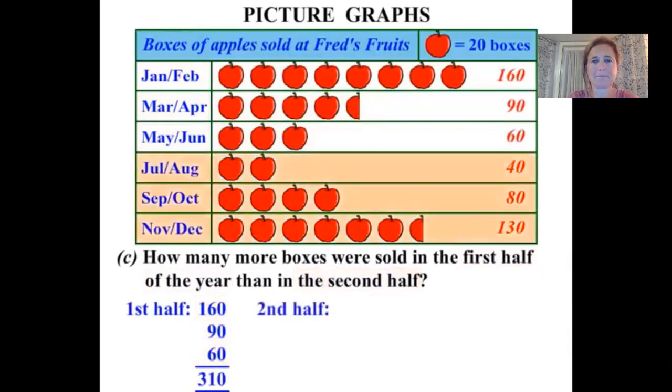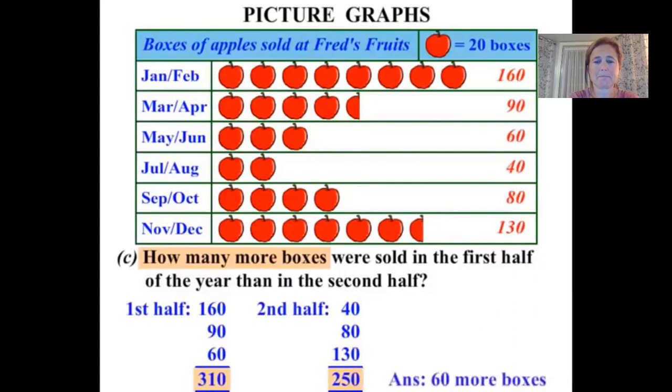The numbers required, 40, 80, and 130. Let's write them down, and we need to add them up. When you add them up, we get 250. So how many more boxes? Well, we're comparing 310 with 250, so we want to find the difference. Okay, we would subtract, and the difference is that the answer is that we get 60 more boxes sold in that first half of the year.